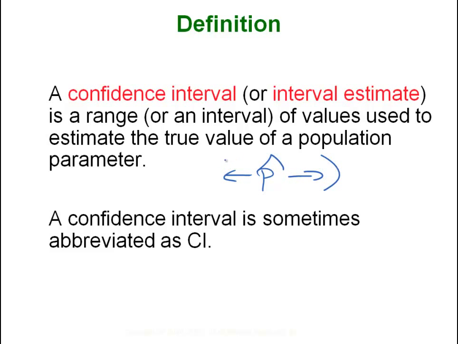We go plus and minus some amount, and that gives us a window where we're pretty sure that the window contains the actual proportion of the population. Maybe it's over here, maybe it's right here, but chances are it's somewhere in that interval, so we can be fairly confident that the interval contains the true proportion of our population.